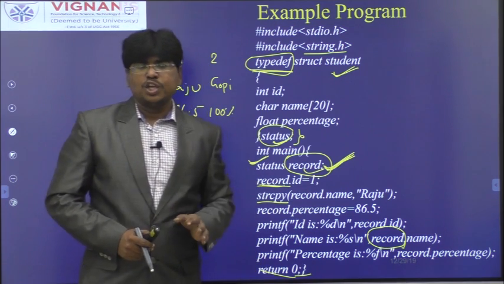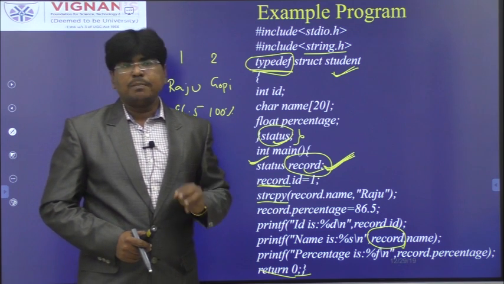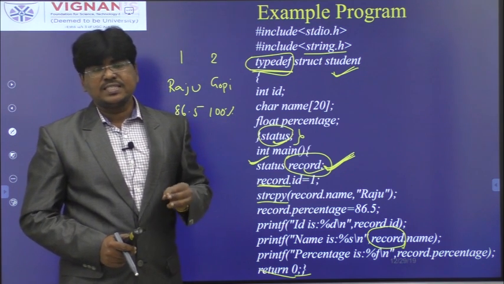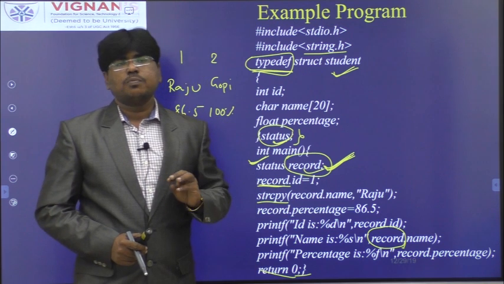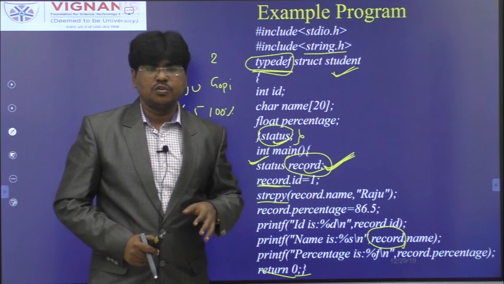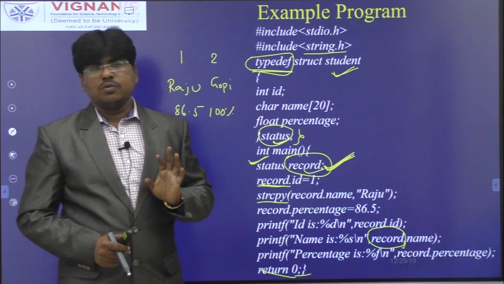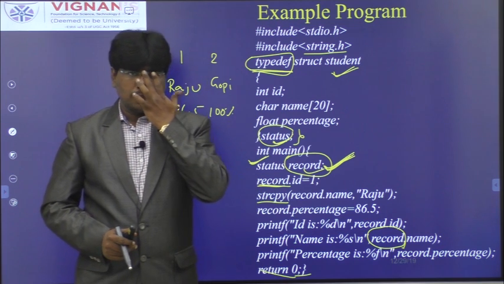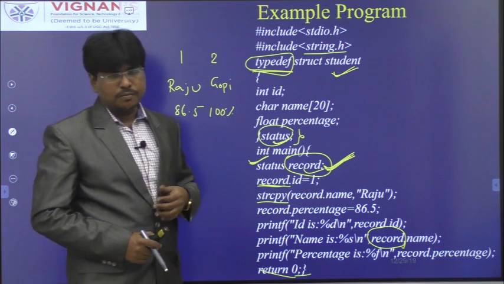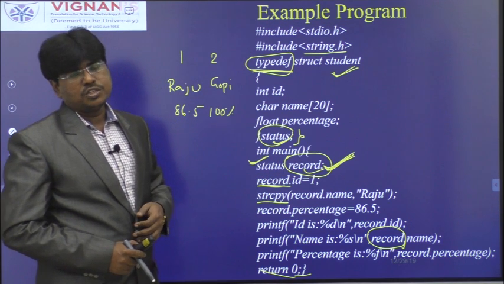is, if you want to define any type of symbolic name to the existing names throughout the program, not only for structure variable or anything, if you want to give an alias name or a symbolic name for the existing names throughout the program, then you have to use the type definition keyword.